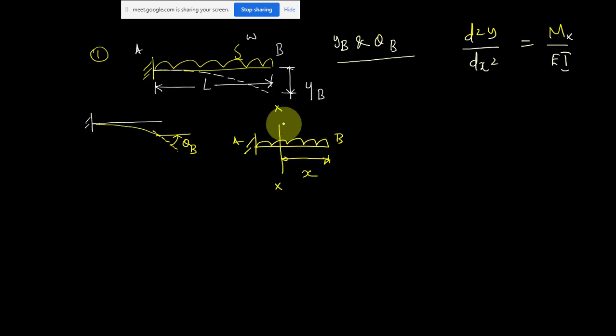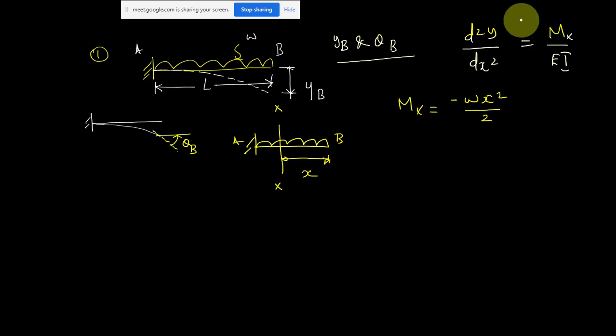So what is the equation for the moment Mx at this section? This will create a hogging moment, right? So this moment equation will be minus W x square by 2. Okay, we have a sign convention that I forgot to tell.